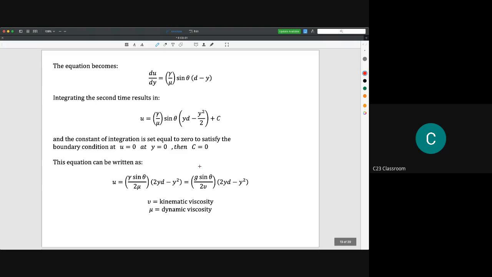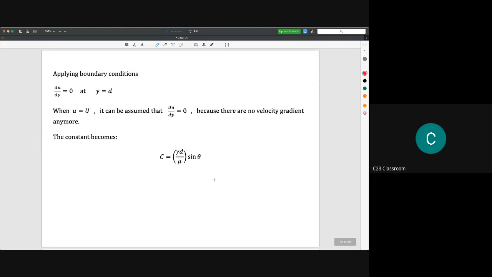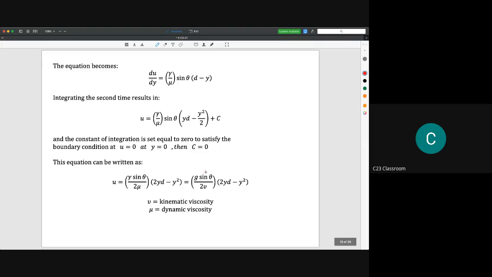So finally, we could substitute in this term, because previously we have these terms here. So we substitute this constant into what we have here. And then we could have full terms after we do the second integration. So we have this one, and then we have another constant here, and we could imagine that at u equal to 0, at y equal to 0, there is no constant anymore.